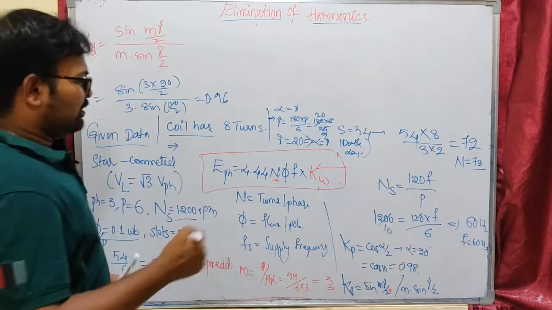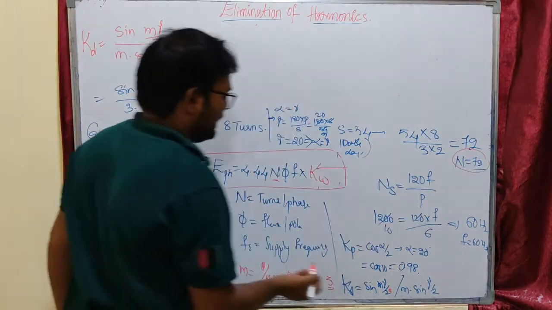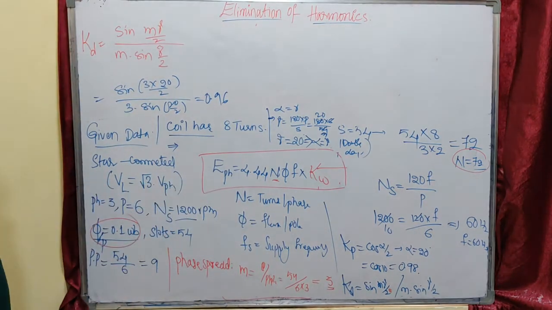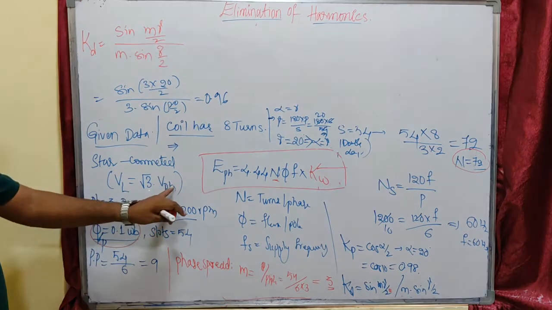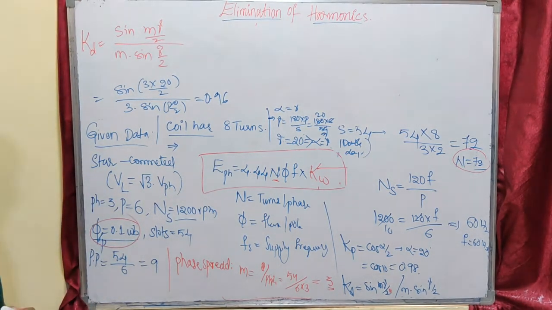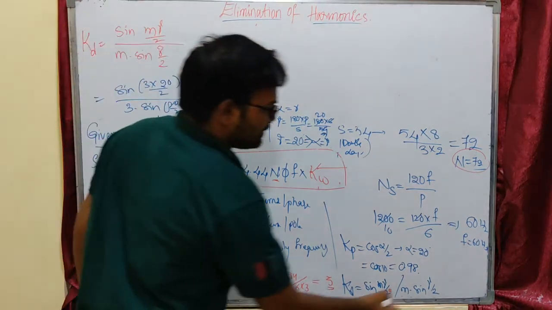Okay, so we have the value of n as 72 and flux as 0.1 Weber. The question is to find the no load phase voltage and line voltage. If you can find the phase voltage, you multiply by root 3 to get the line voltage for a star connected stator. The flux is 0.1 and frequency is 60 Hz.